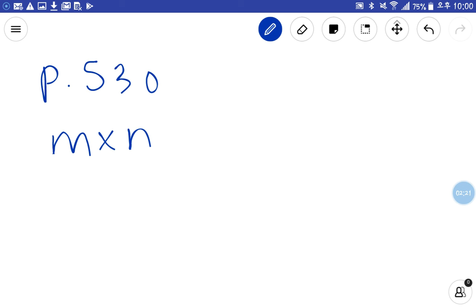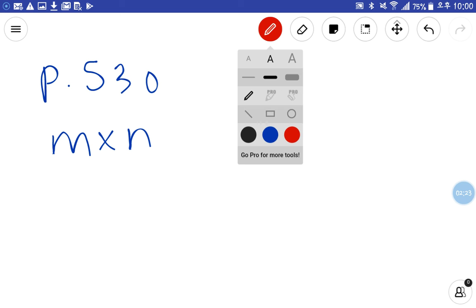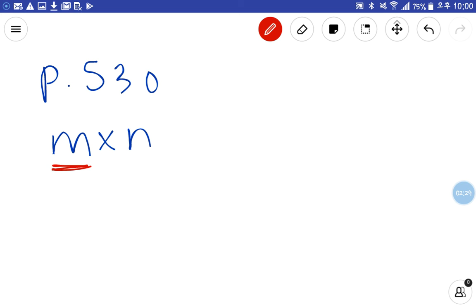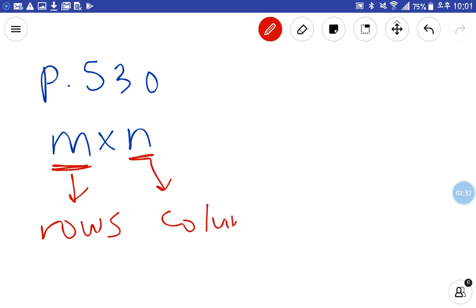This m always stands for the number of rows. No exception. And n is the number of columns. Just check it. You know what rows and columns are, right?